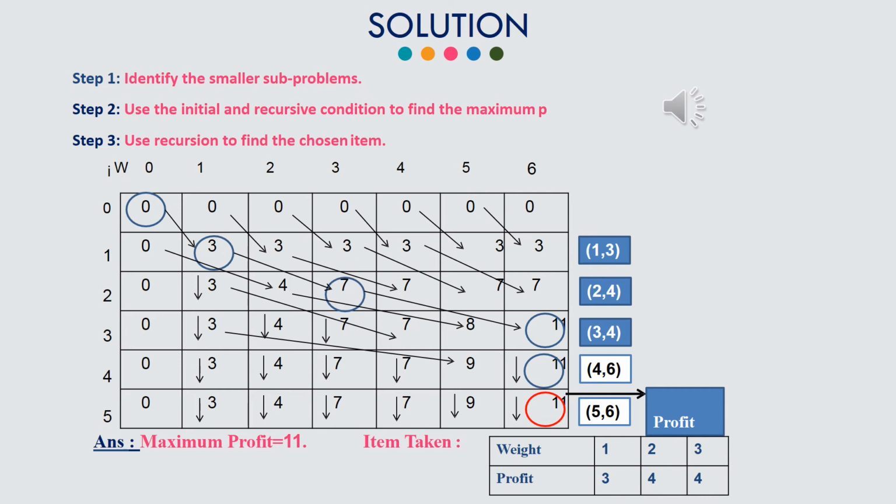So 3 plus 4 equals 7. The total profit for weight 3 is 7, so we put 7 and keep it the same afterwards.